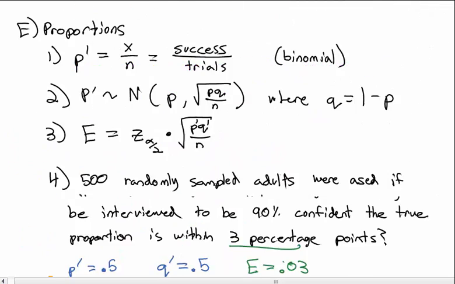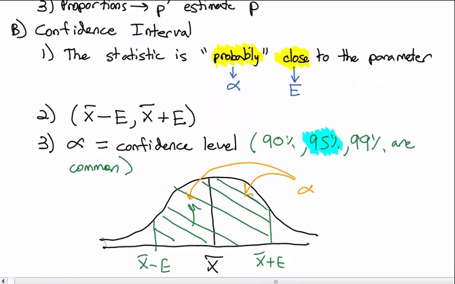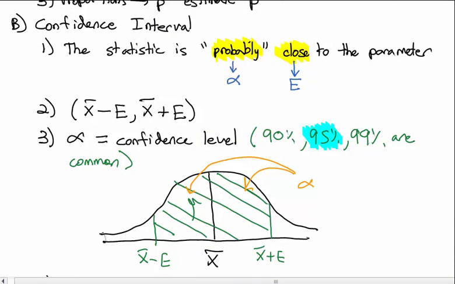So we talked about 3 different cases. What I want to notice is that each case is exactly the same. Probably labeled this wrong over here, actually. Alpha is the amount in the tail, back in example 3 of part B. Alpha is the amount in the tail.